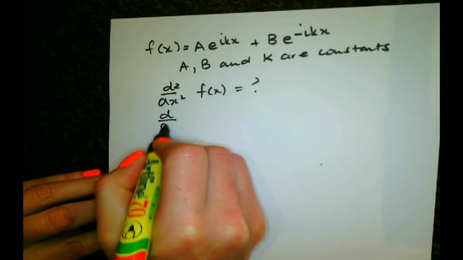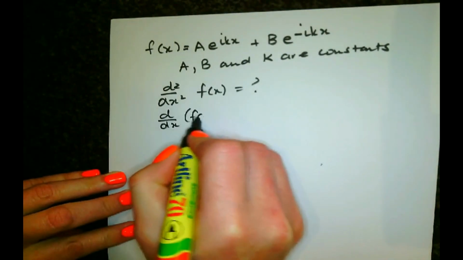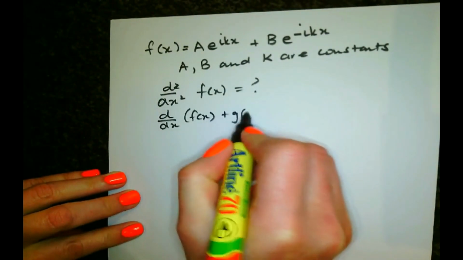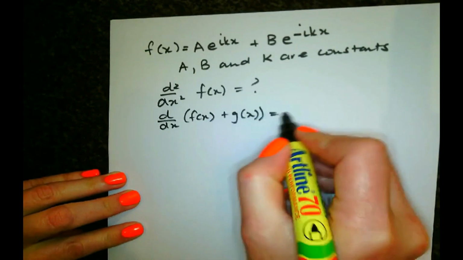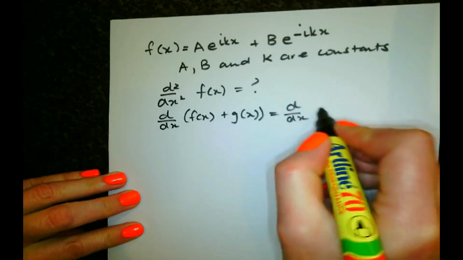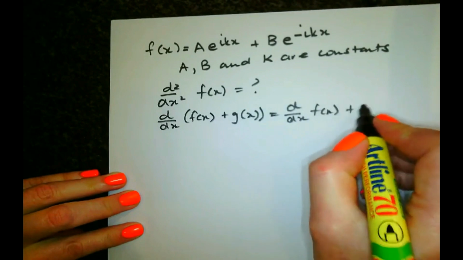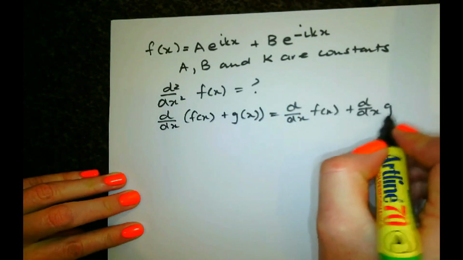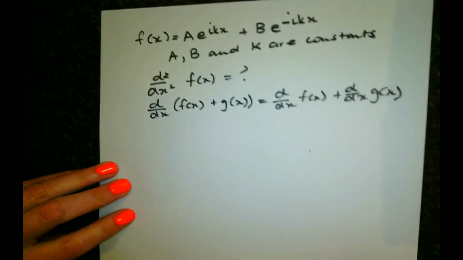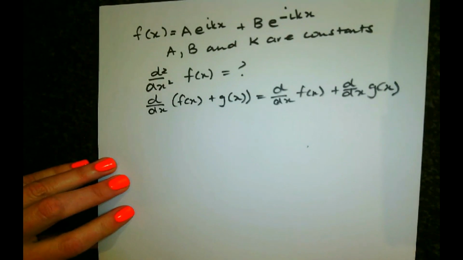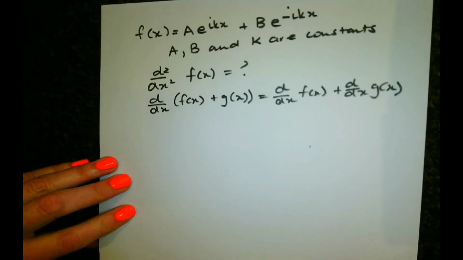So d/dx of f(x) plus g(x) is d/dx of f(x) plus d/dx of g(x). So that's the derivative of a sum.